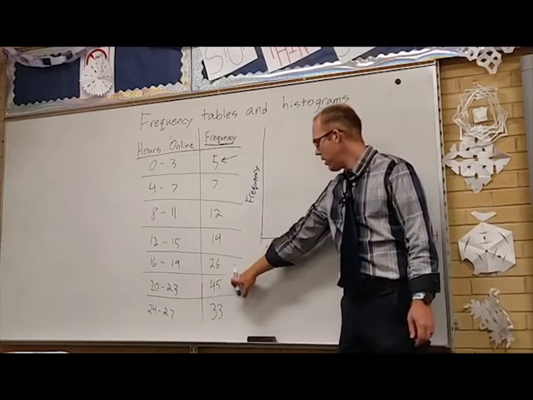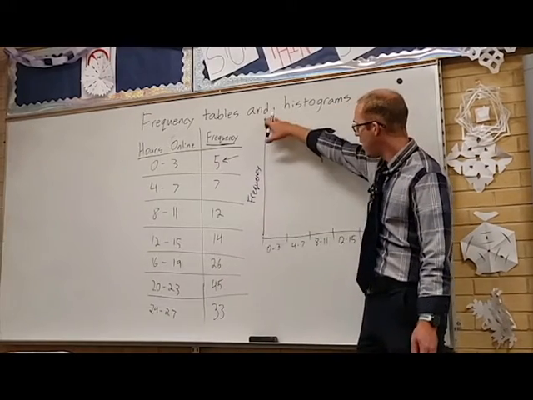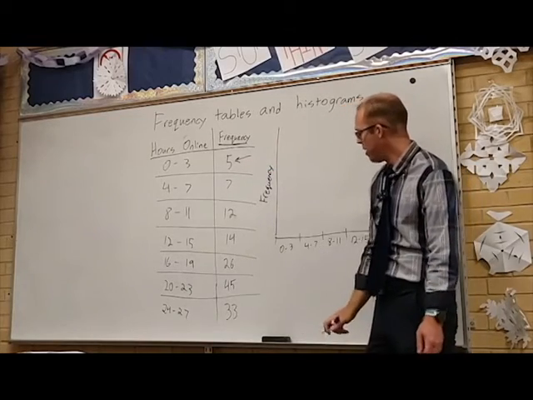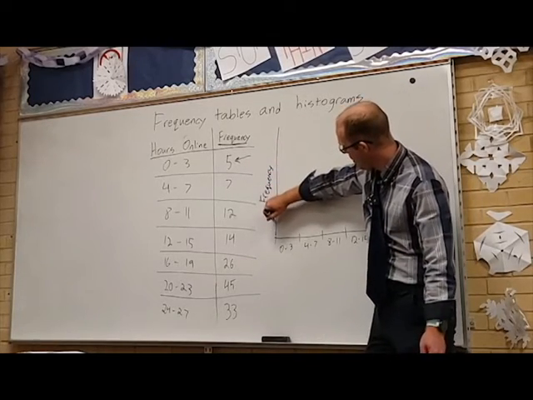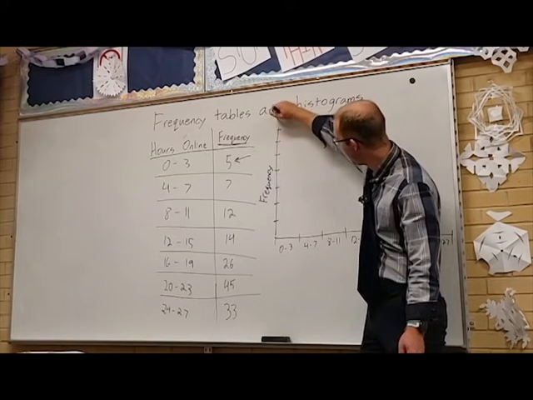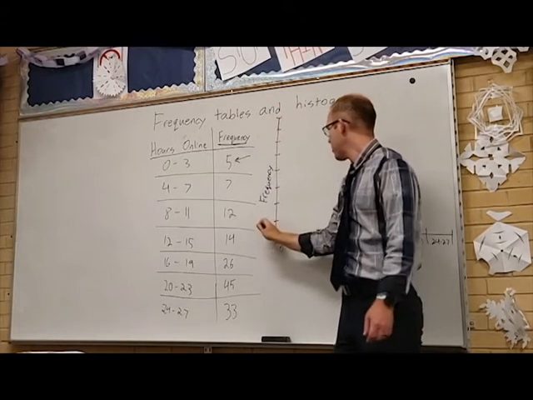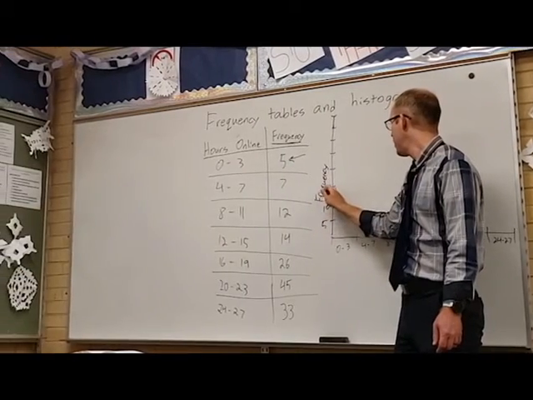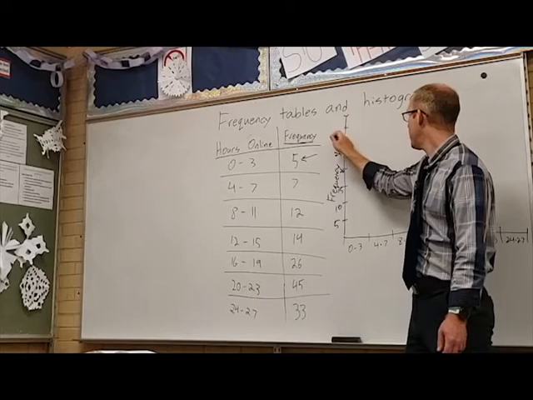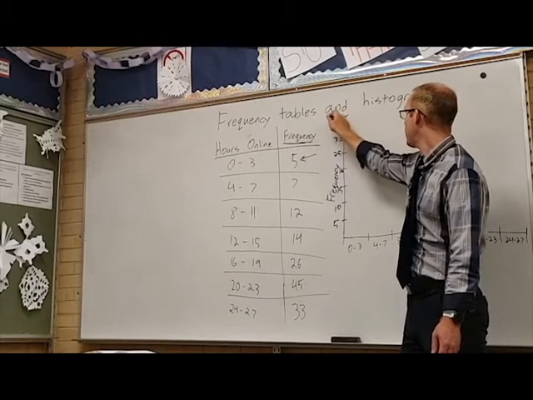So we see that our highest is 45. This y-axis is going to have to go up to 45 in order to fit all of our data right here. So I'm going to go up by 5s here, 5, 10, 15, 20, 25, 30, 35, 40. Up here, let's number that, 5, 10, 15, 20, 25, 30, 35, and 40.